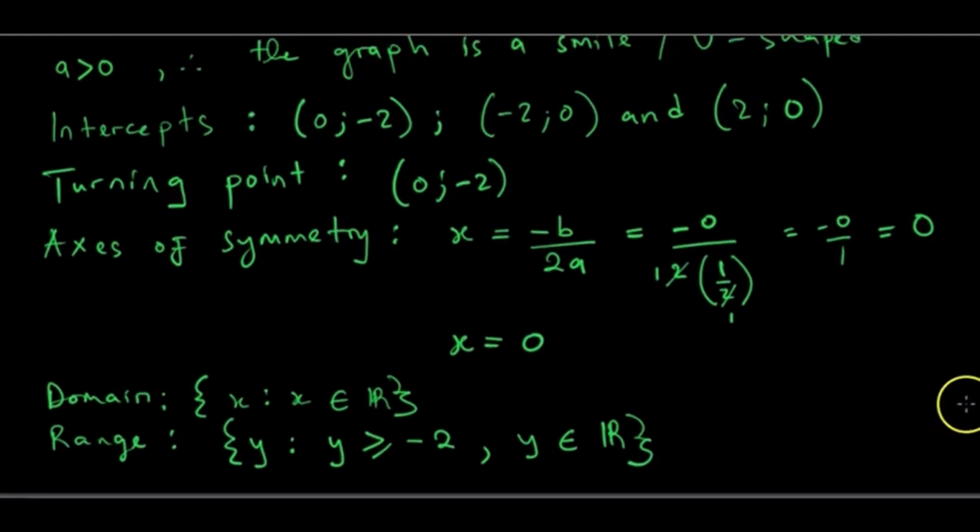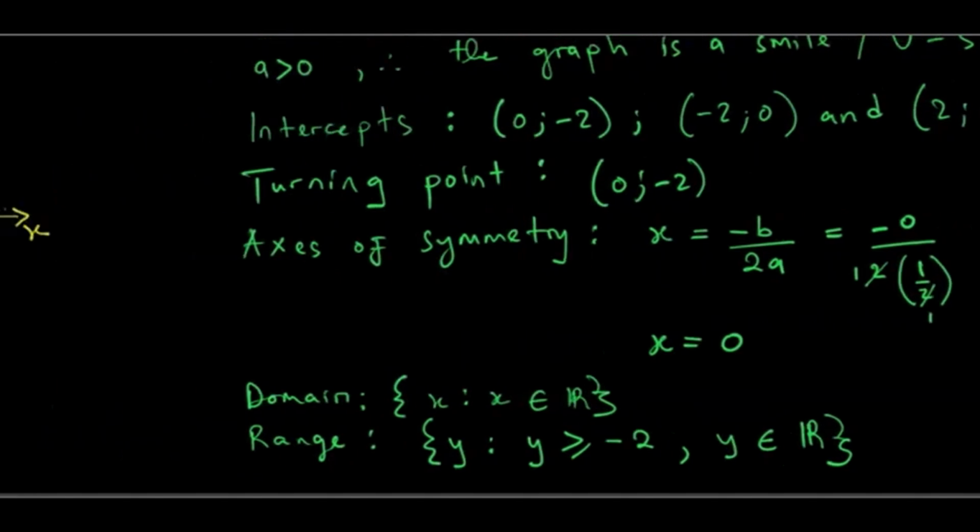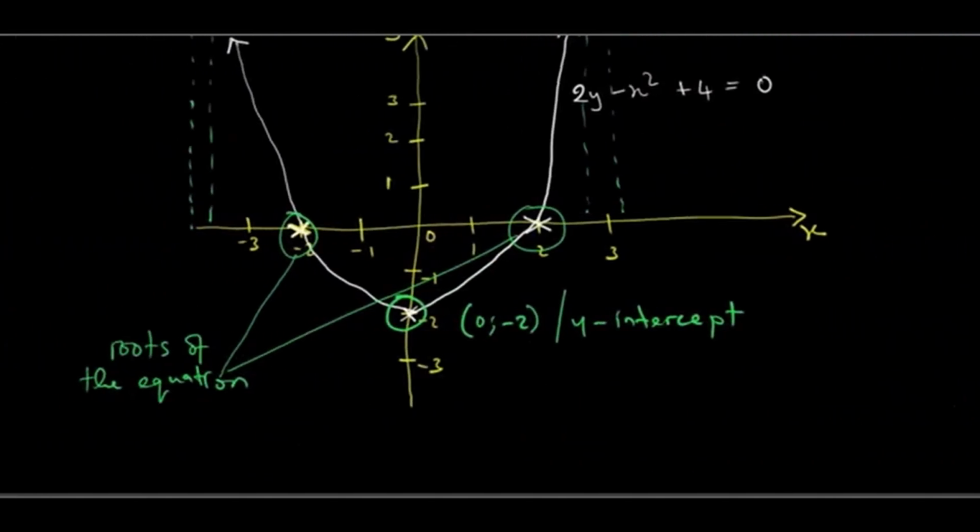What just happened here? We said y such that y is greater than or equal to -2 because of this simple reason. If we come here, we can see that y cannot be less than -2 because y is starting from this point, which is the turning point. So y is beginning from -2 and it's going up and will keep on going up for eternity. That is why y is then made an element of real numbers.